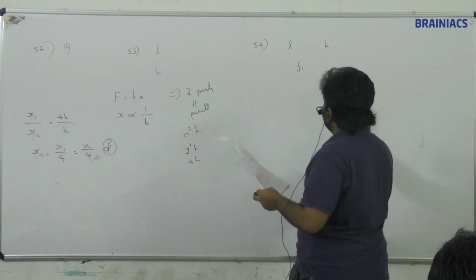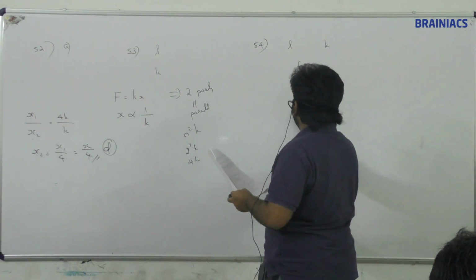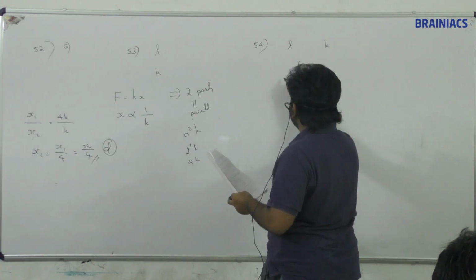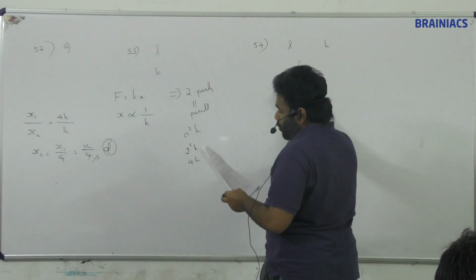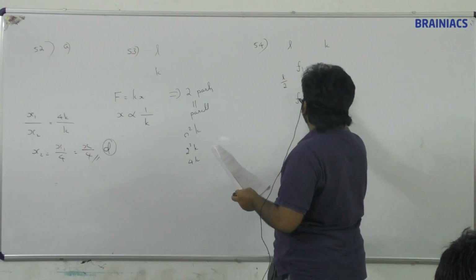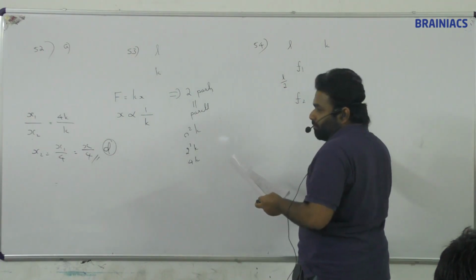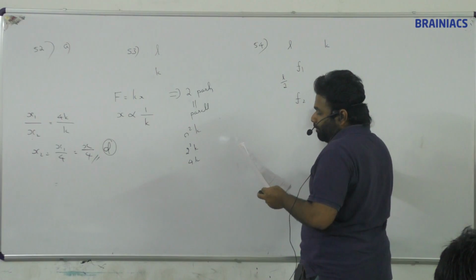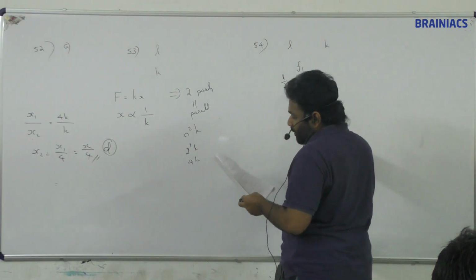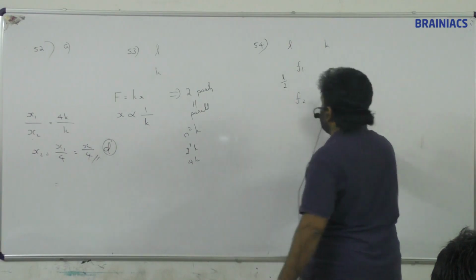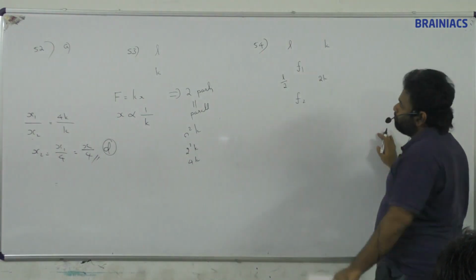The new frequency is F2. When it is cut into 2 equal parts, the spring constant becomes 2k, right? So which of the following is the relation between F1 and F2?